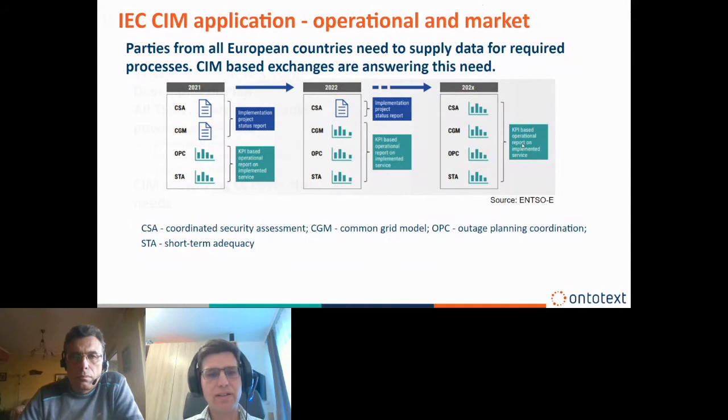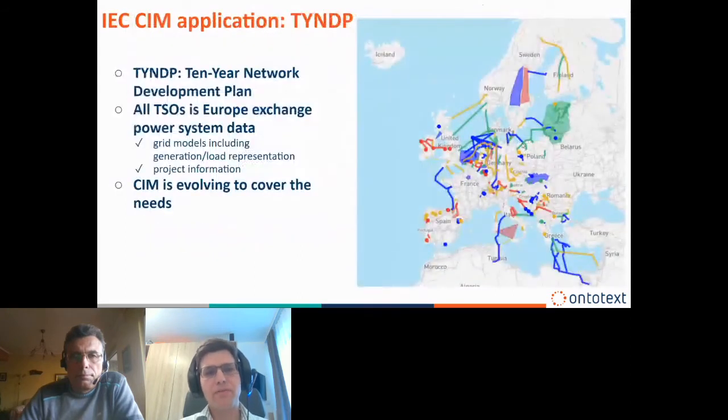If we go to the next slide, we have a similar situation with the 10-year network development plan, where you see many lines on the chart. These are either new or updated projects.